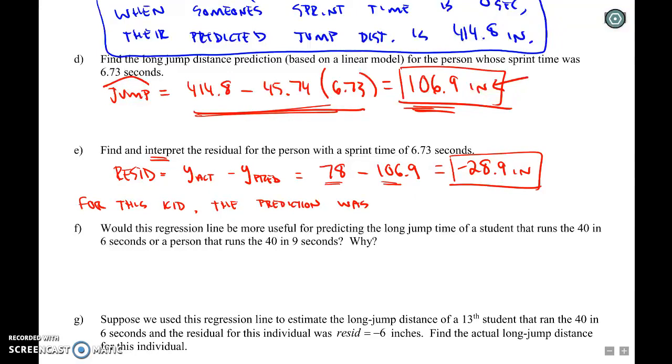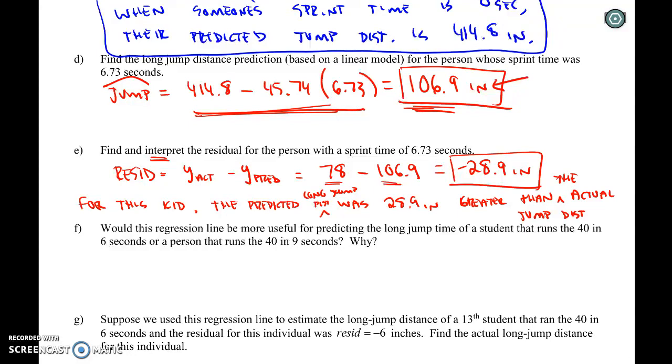Could say overestimate, or I could say the predicted long jump distance was 28.9 inches greater than the actual jump distance for this kid.